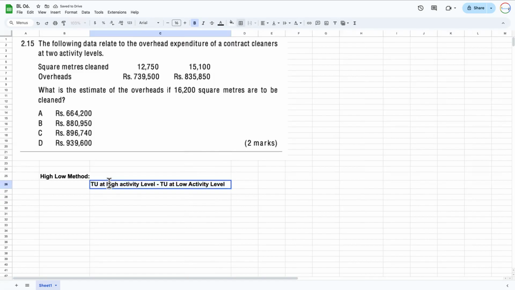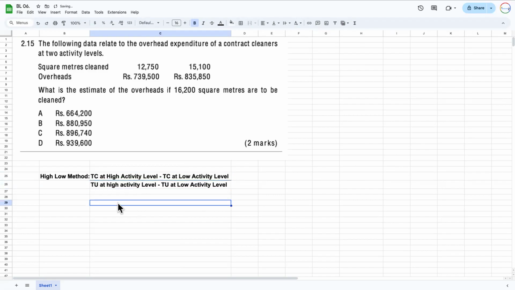Once you identify the total units at highest activity level, as well as the total units at low activity level, after that we have to identify for this high activity level what the cost is. So the total cost at high activity level, and we have to take away the total cost at low activity level.